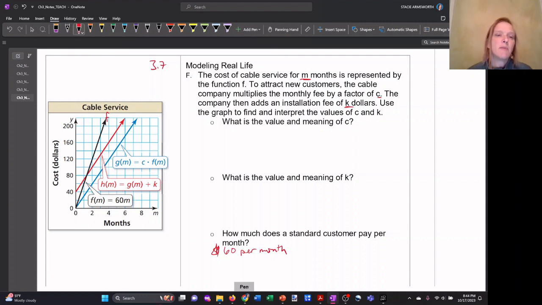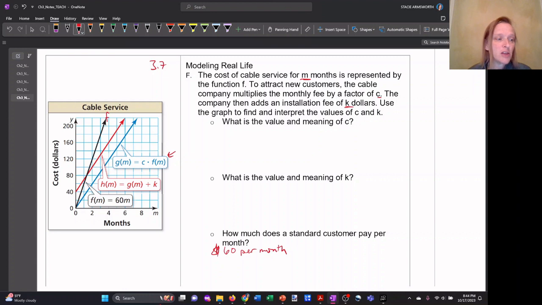Now, as our next step, if we look at function g, it takes that function f and multiplies it by a factor of c. And that c is the discount factor. I don't know what my value of c is, but I can figure it out because I can see that my slope has changed.